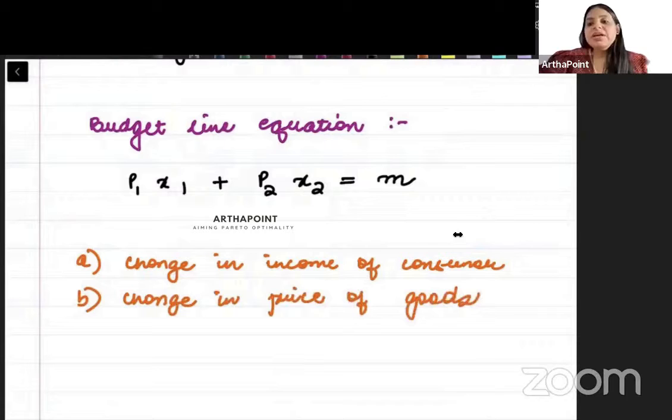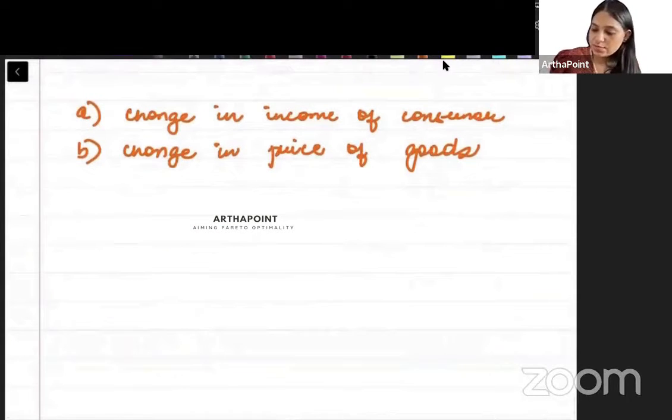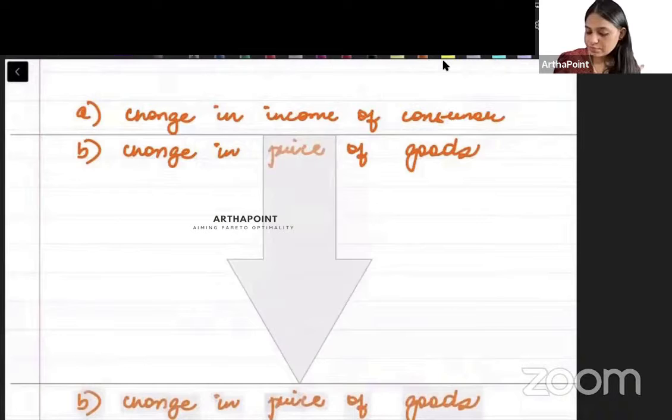जब भी इंडिविजुअल का इनकम चेंज होगा, whenever there will be change in income of consumer or whenever there is going to be change in the price of the goods, budget line will change. अच्छा, let us look at the first one through an example.